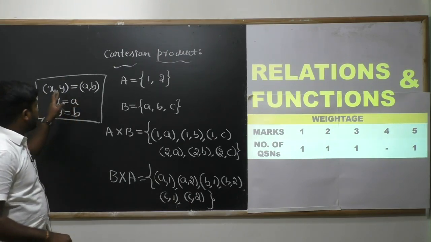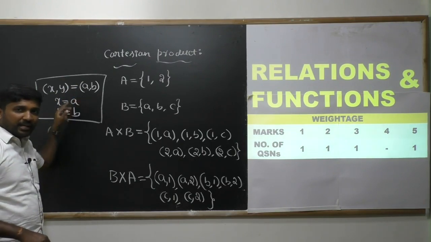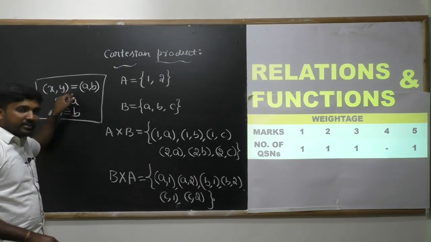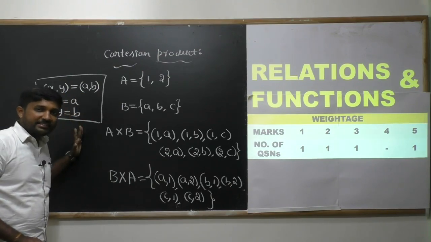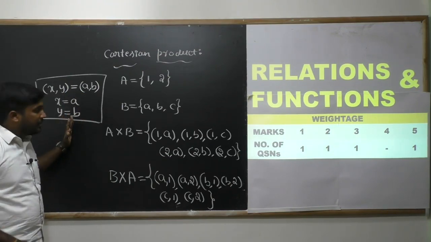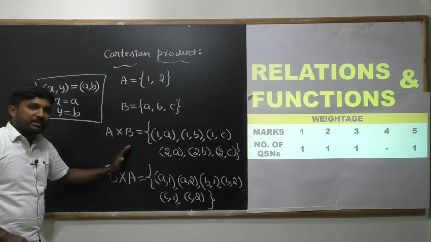Okay, if their corresponding first elements are equal and second elements are equal, then only two ordered pairs are equal. Got this remark? Please note down this. Okay, now please come back to the definition.